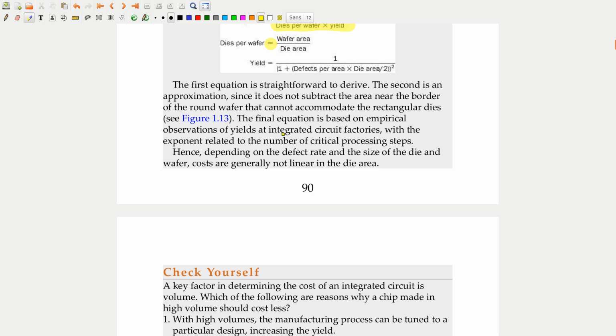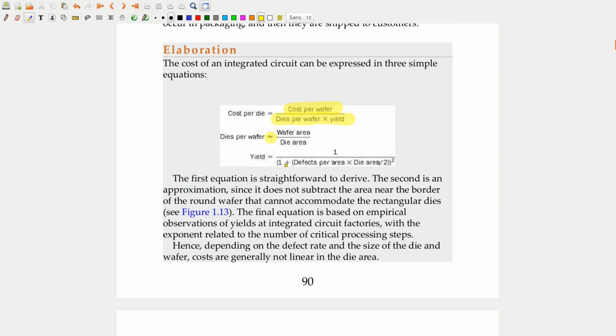Let's see, anything else? Okay, no, this is fairly straightforward, how we find cost per die, dies per wafer. And so, like it says down here, the second is an approximation since it does not subtract the area near the border of the round wafer that cannot accommodate rectangular dies.